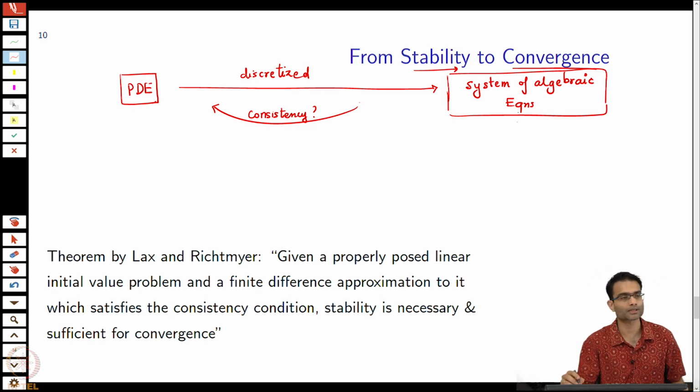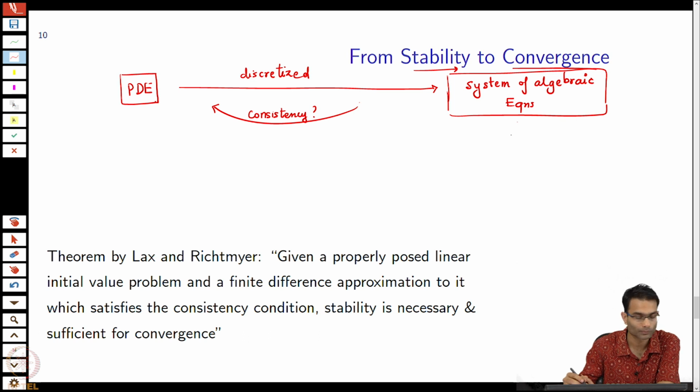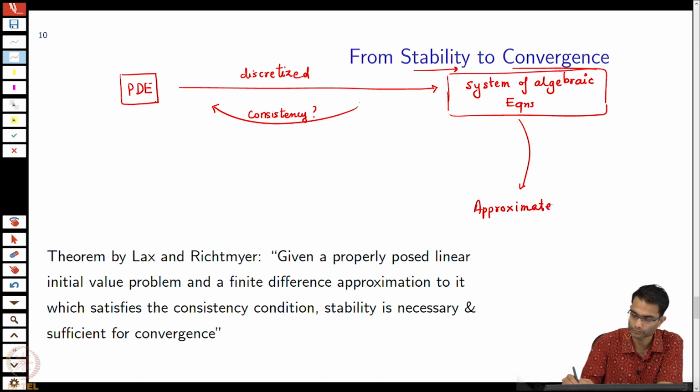Once I got a system of algebraic equations, what did I do? I solved them, and solving them gave me an approximate solution.